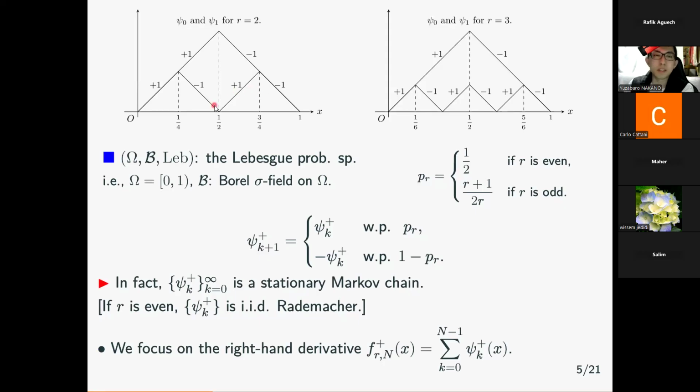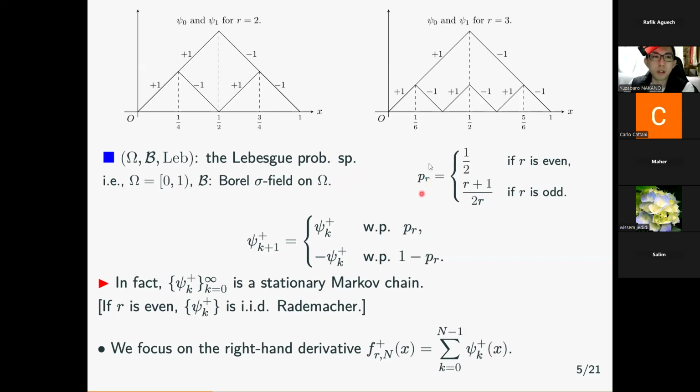That means we consider psi_k as random variables on the Lebesgue probability space. Basically, omega equals the unit interval, and B is the Borel sigma field on omega.